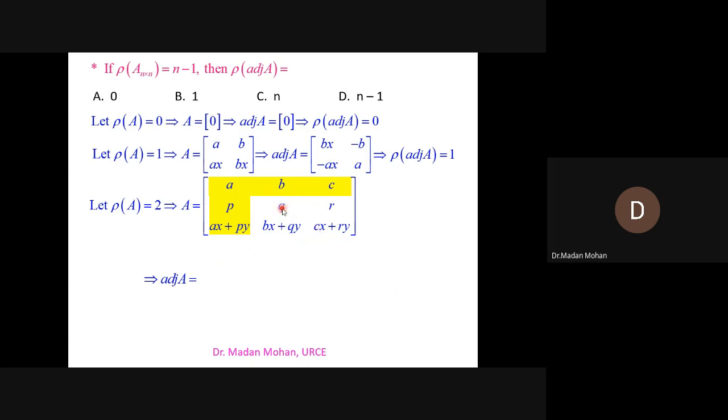QCX plus QRY minus PXR minus QRY. QRY gets cancelled. Taking X common, CQ minus BR into X. This is your C11.